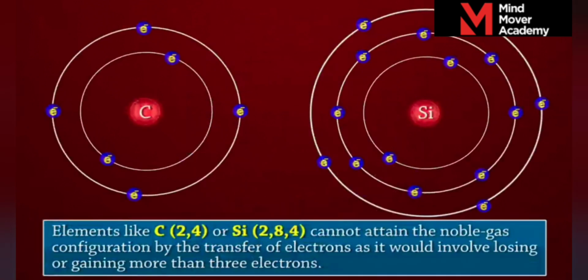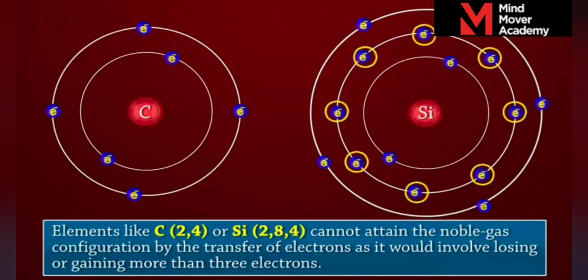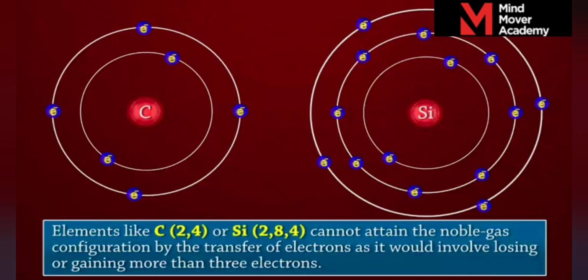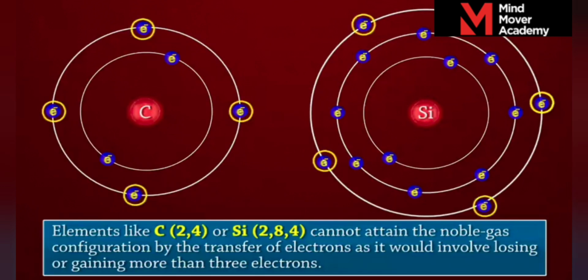However, elements like C, 2,4, or Si, 2,8,4, cannot attain the noble gas configuration by the transfer of electrons, as it would involve losing or gaining more than 3 electrons.